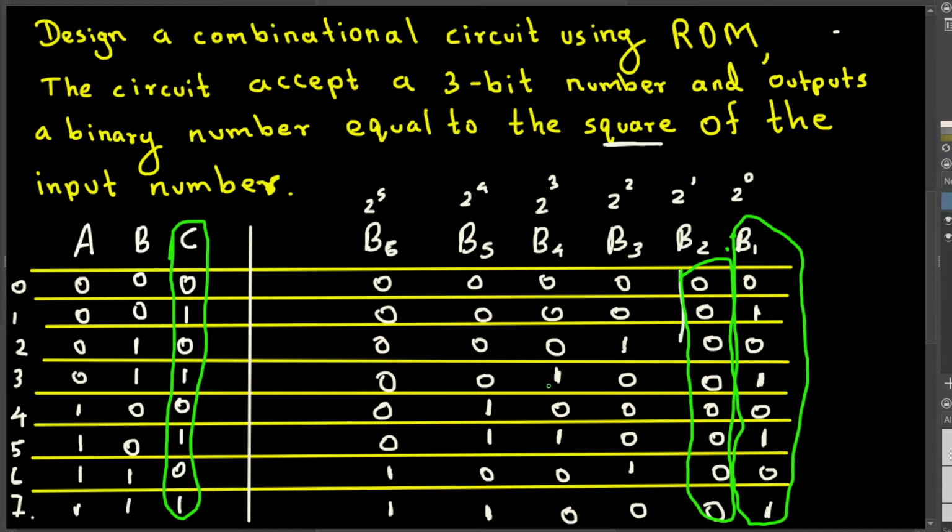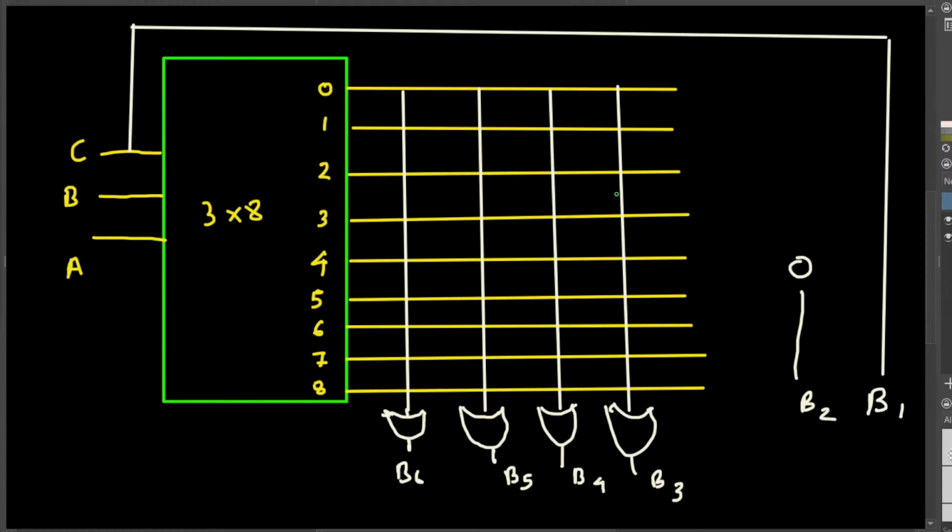B4 is turned on at 3 and 5. Yeah, B3 is turned on at 2 and 6. Let's put that one right here, 2 and 6. Use a different color so you can see. It's connected at 2 and 6. You have to just look at where the ones are and connect them there.